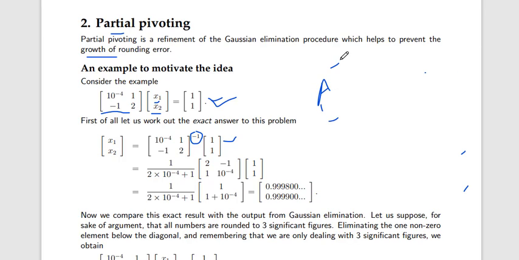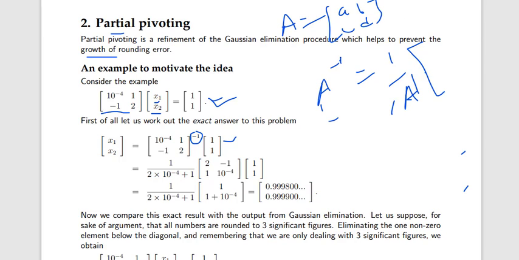A inverse is equal to 1 upon the modulus of A, and if A is equal to a, b, c, d, then we swap the positions of the diagonal elements, D and A, and we put a minus in front of B and C, minus C, minus B. So this is how we find the value of A inverse.